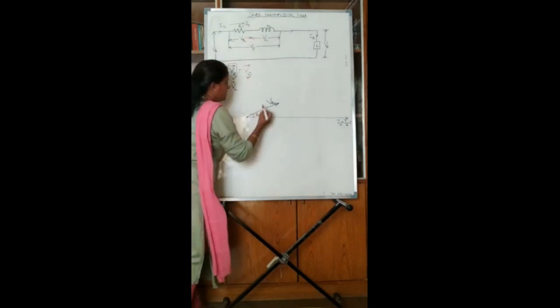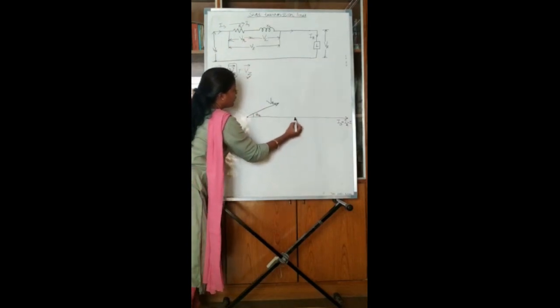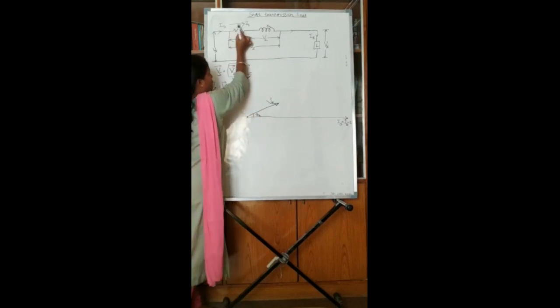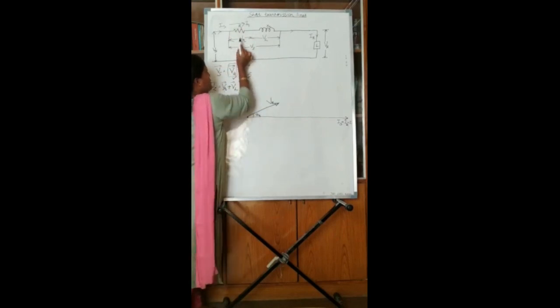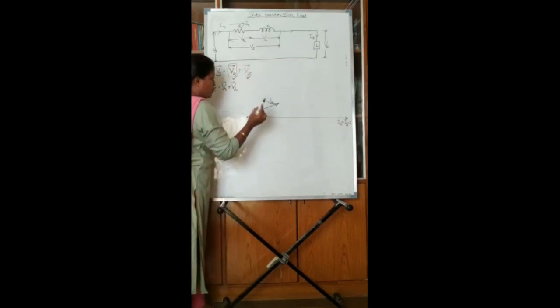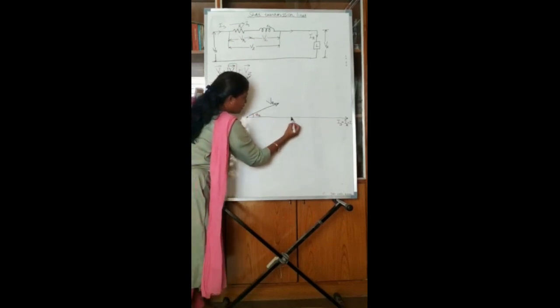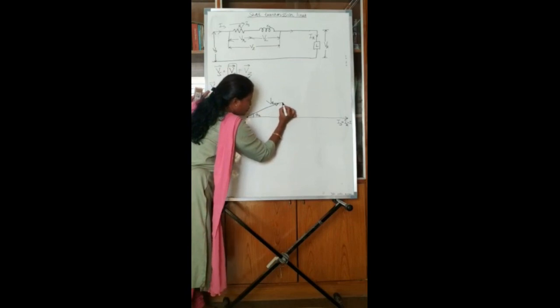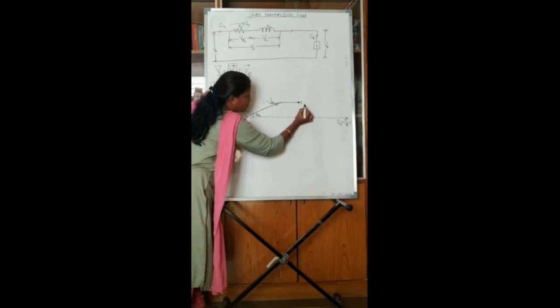Now, Is is on this line. So if I know Is, the current flowing through this as well as this, only then can I find this. That's why the current comes here. So let me draw a parallel line to this. This parallel line is nothing but the current, either Is or IR.